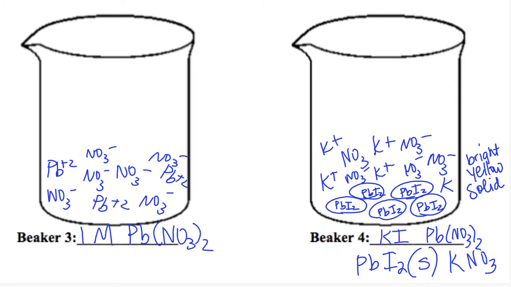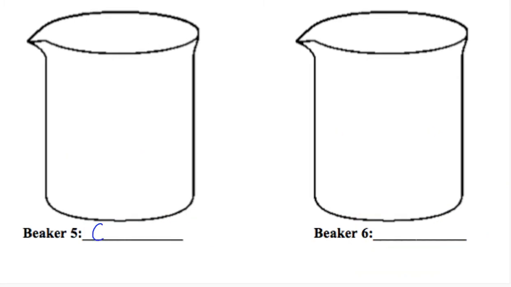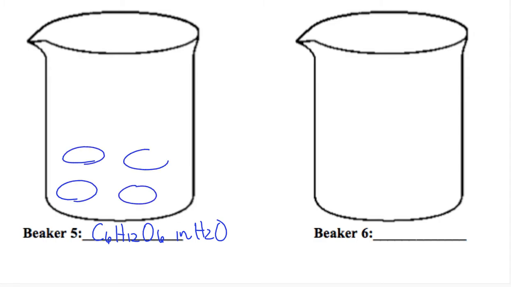So we did C6H12O6 in water. So we just have a bunch of sugar molecules floating around with the water. I'm going to put a couple waters in here just for fun, just to make it a little more interesting. And if we look, our sugar does not conduct electricity, so no light went off on this.